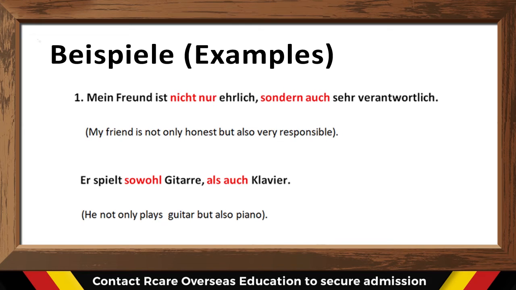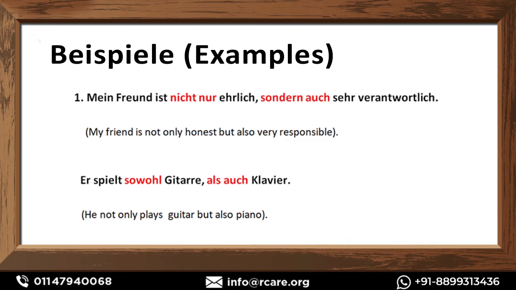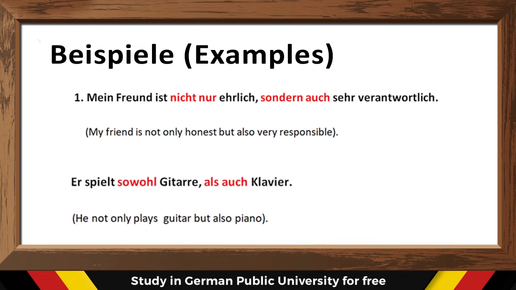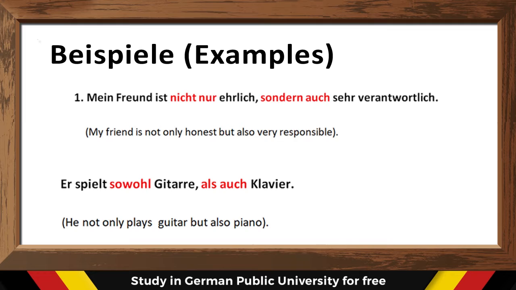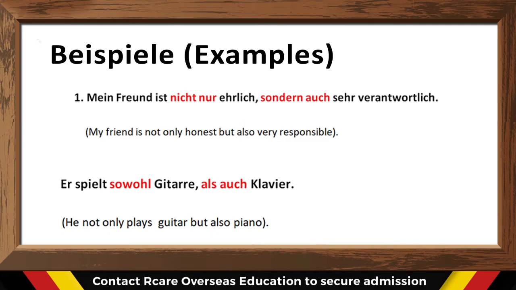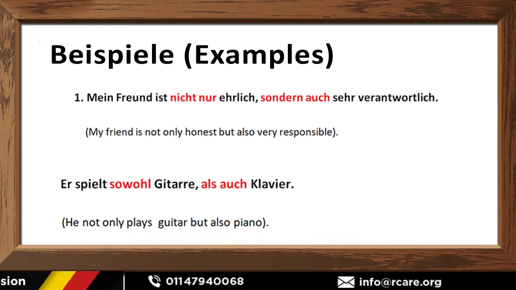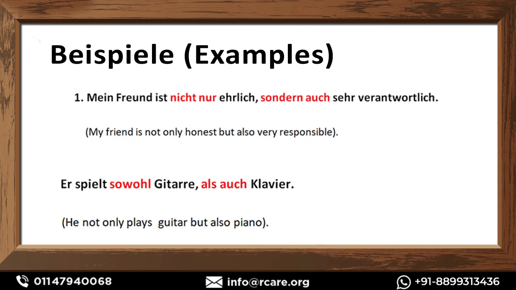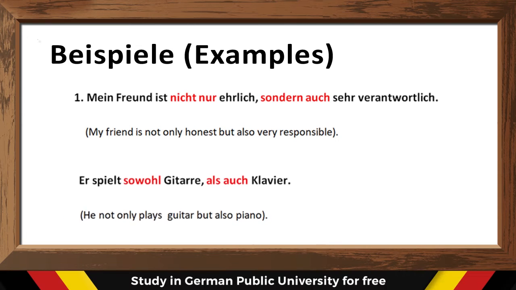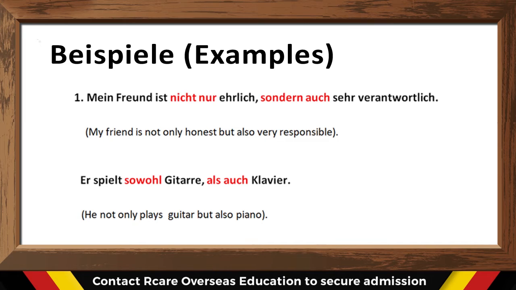So we use this connector when we want to actually include two things in a sentence. Er spielt sowohl Gitarre als auch Klavier. He plays not only guitar but also piano. So again, we are including both the instruments here, guitar and piano.